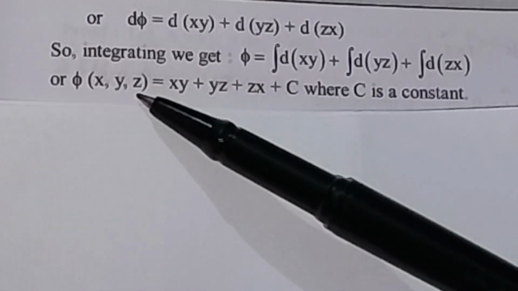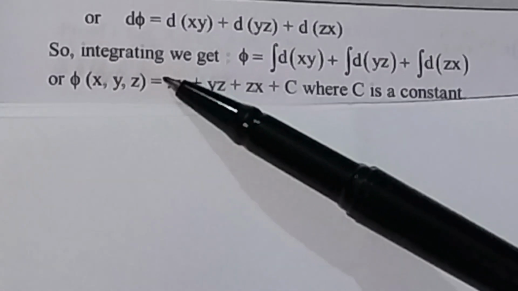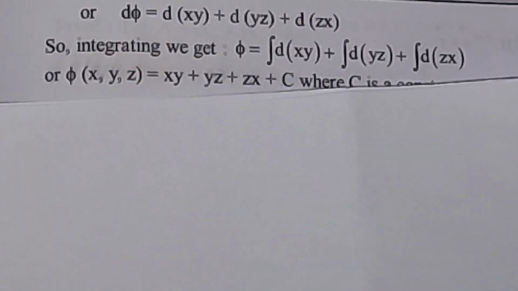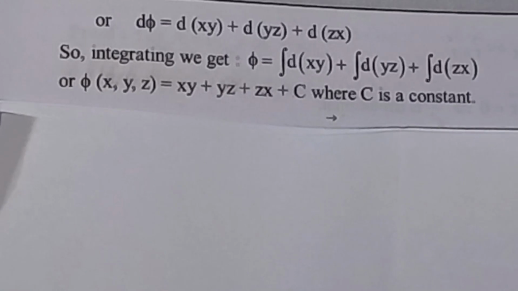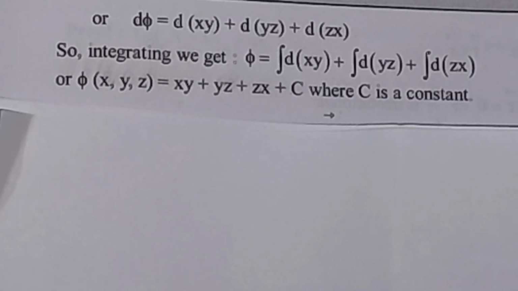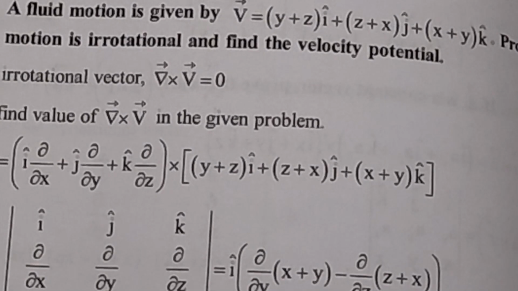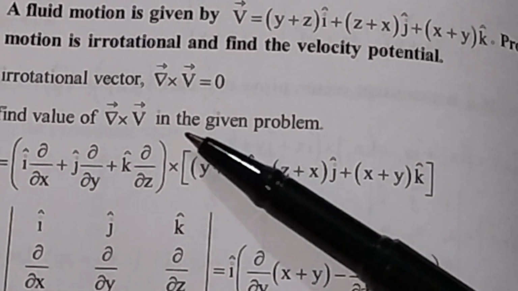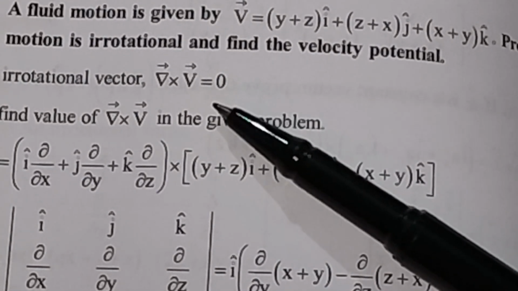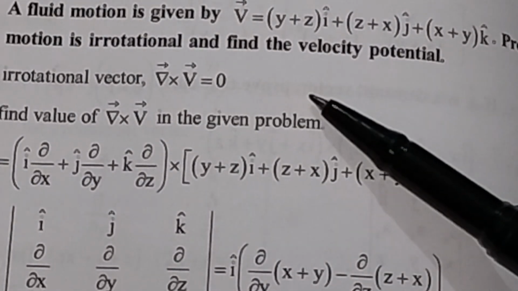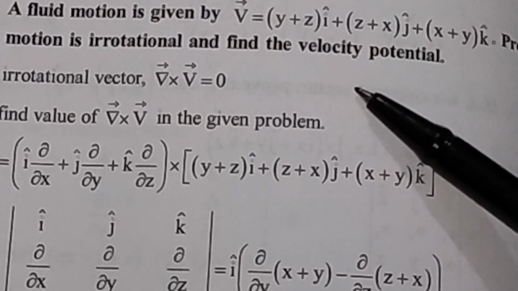So you see, you have a definite value of phi, that is, the velocity potential function exists. So here we have proved that the motion, that is velocity, is irrotational by proving that curl v equal to 0, and we have also found the velocity potential function.